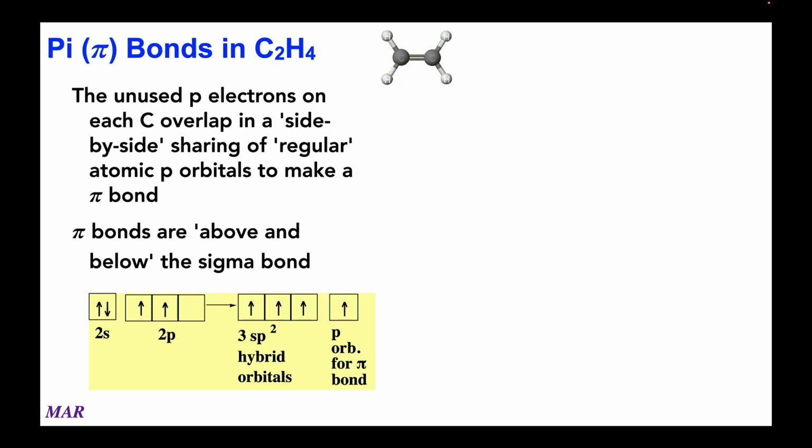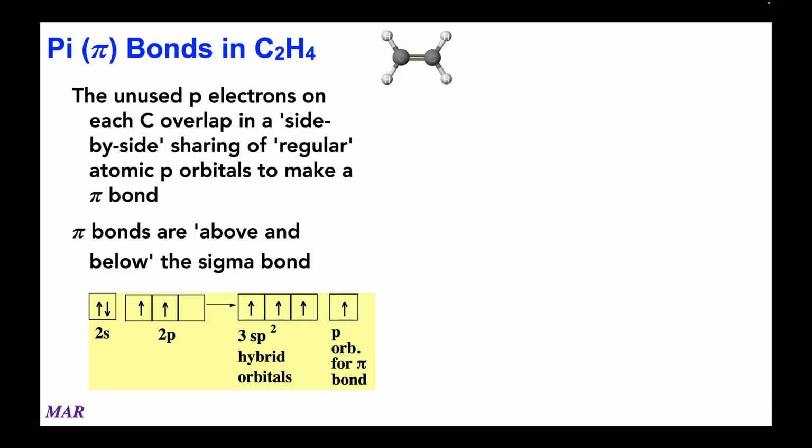Well, that last bond, the pi bond, which is what we called it in the last chapter, comes from the unused p orbital. So carbon is 2s2, 2p2 when you're thinking about the atomic electrons. And if you have a trigonal planar carbon, like we have in ethylene, then we're going to have 3 sp2 orbitals.